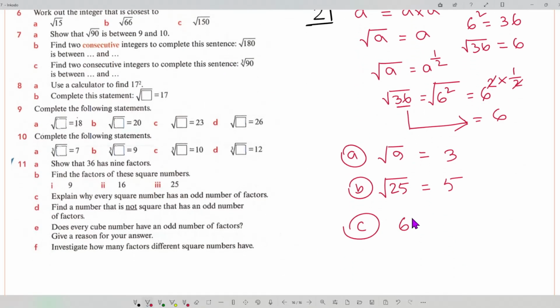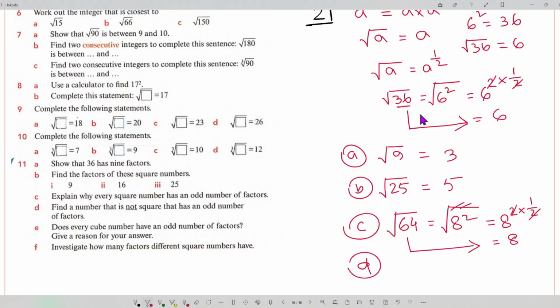So root 64, if we clarify, means 8 squared, right? So 8 to the power 2 times, against this root we can write 1 by 2. So 2 and 2 cancel out, equals 8. So root 64 becomes 8.